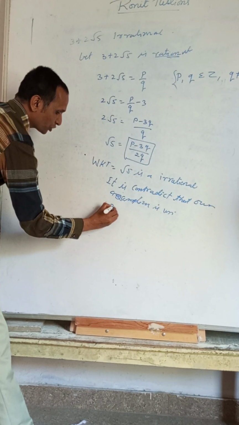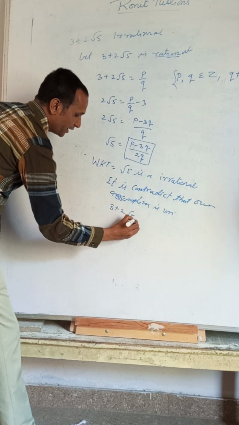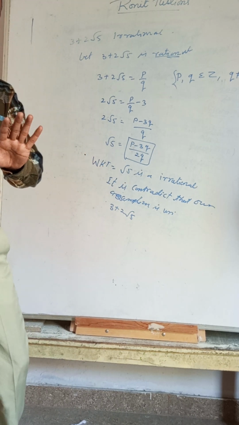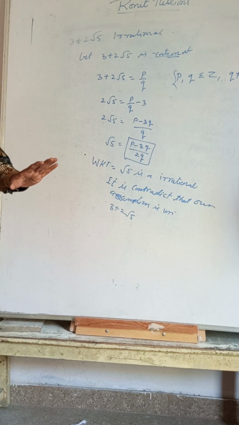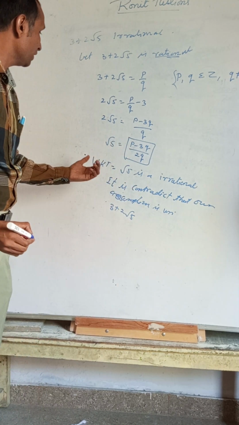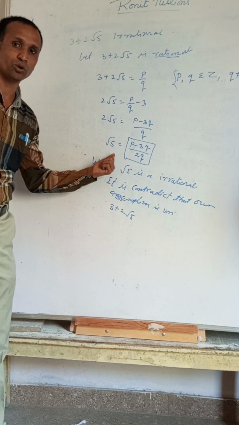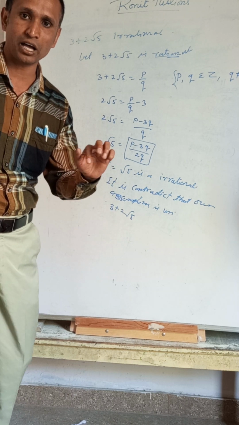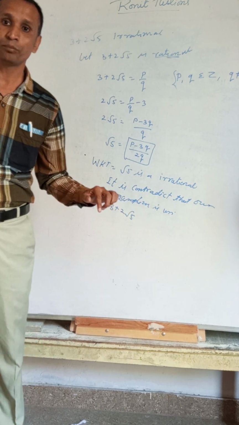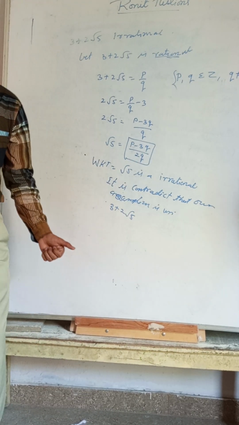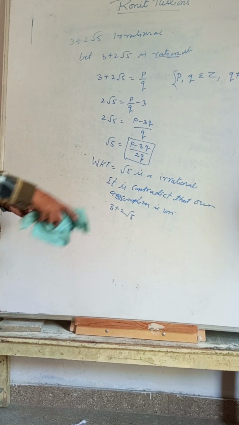So we can write 3 plus 2 root 5 is an irrational number up to the 10th standard. But if we go higher, then we have to prove root 5 also. You can see in another video already uploaded in that playlist how to prove that root 5 is an irrational number.